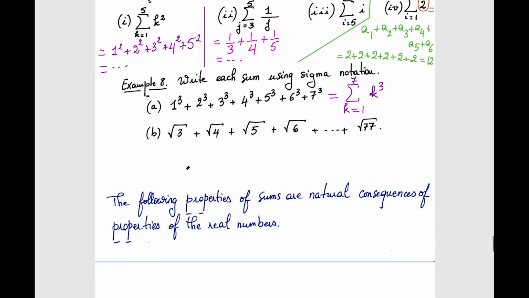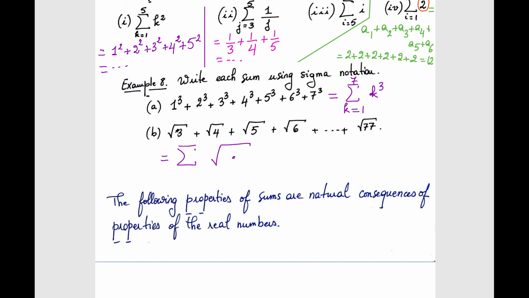How about part B? So this is a summation for sure of the square root of something, right? And each guy here is a number that's between 3 and 77.